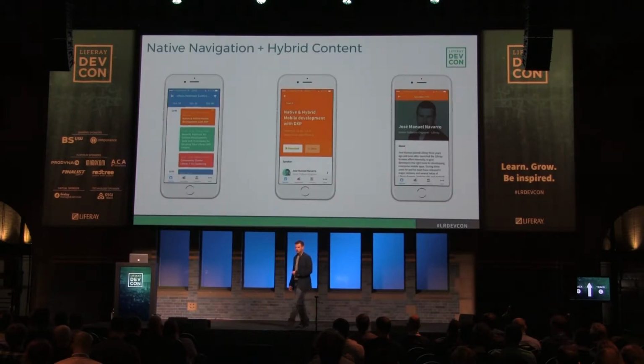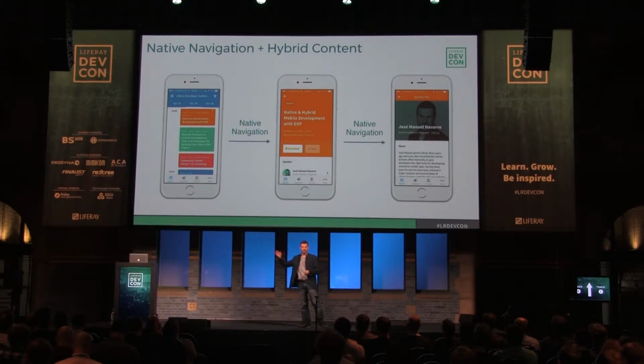The approach is a bit different. Instead of having one single huge web view in your app, where everything happens inside that app, you have several of those. The navigation is native, so you can make the most of fluent navigation and smooth animations. You keep the best of the native world.